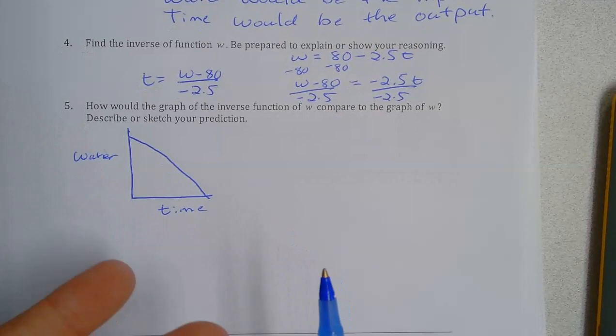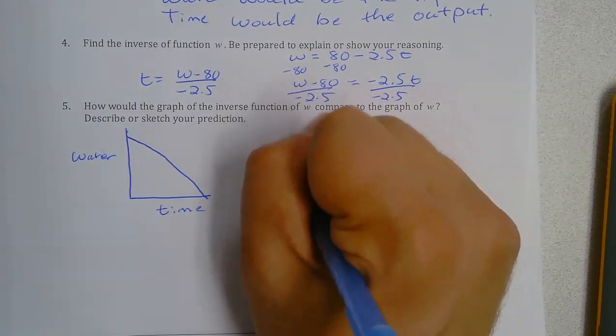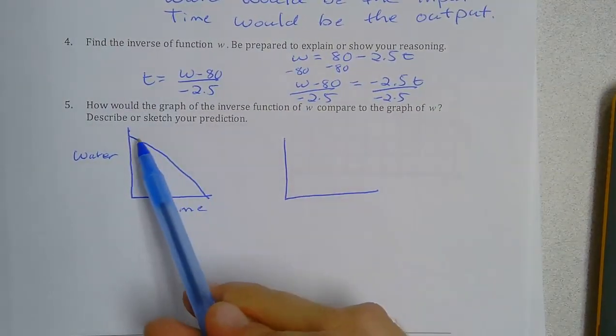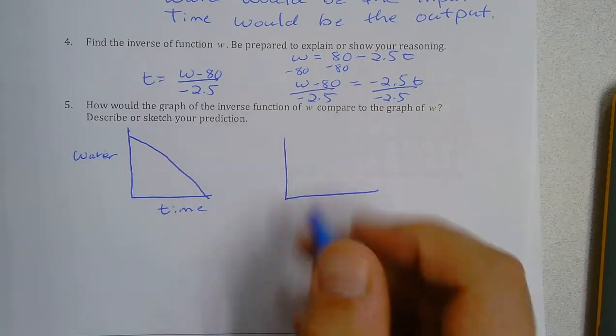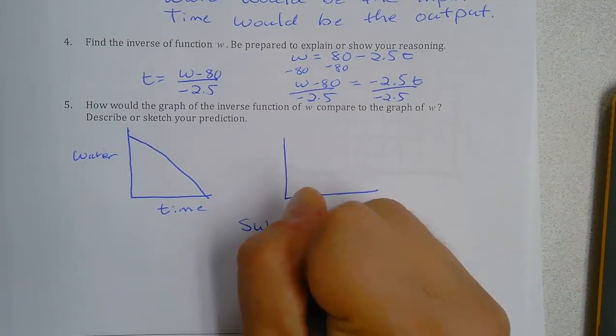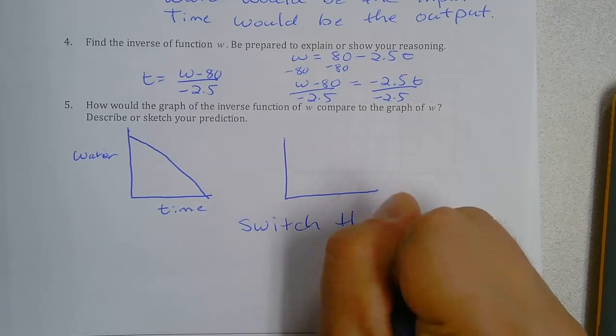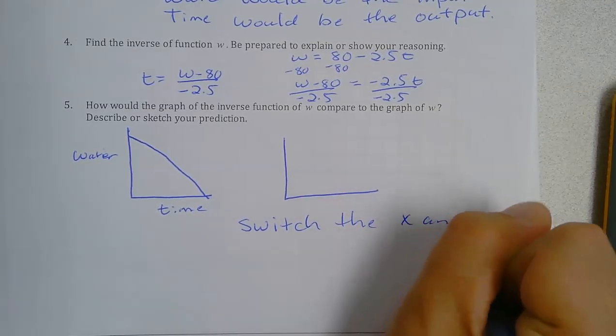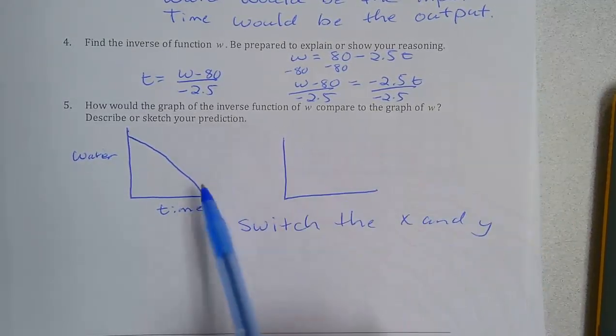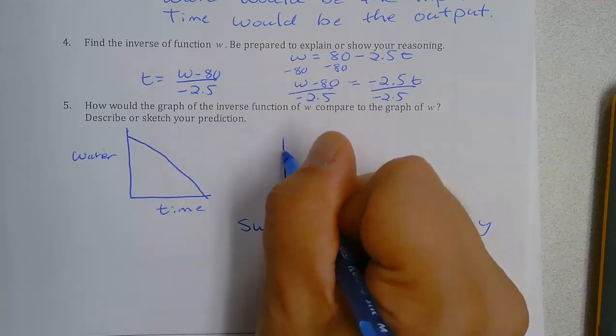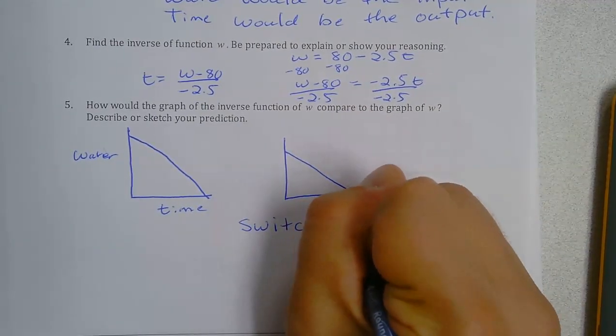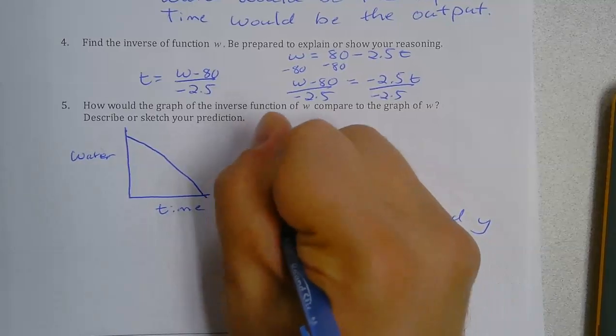Well, we're flipping our input and output. So water is going here, time is going there. So I think it would just switch the x and y axis. So again, this would just kind of switch like that, and we would have water and time.